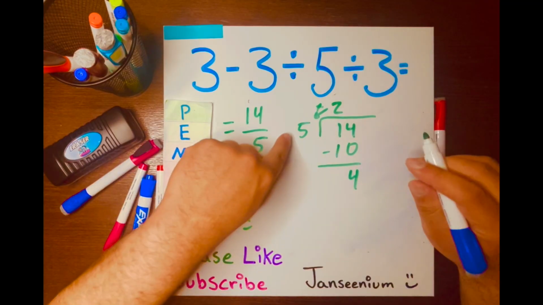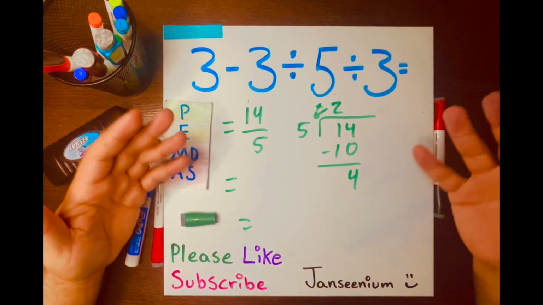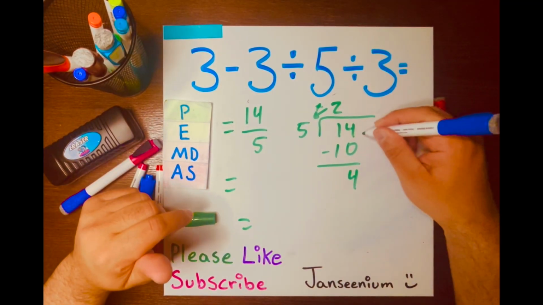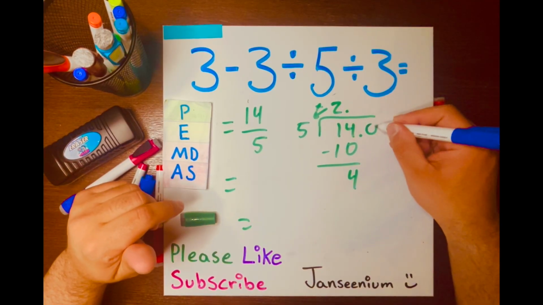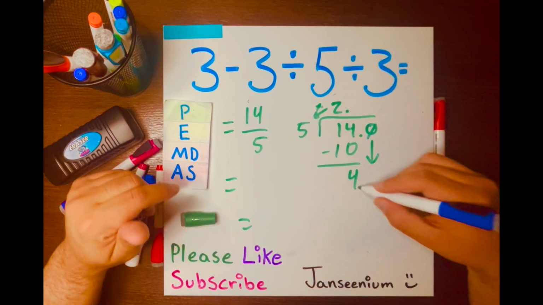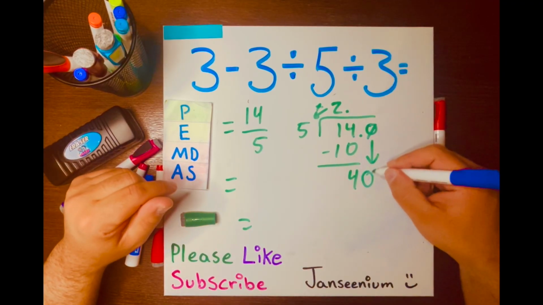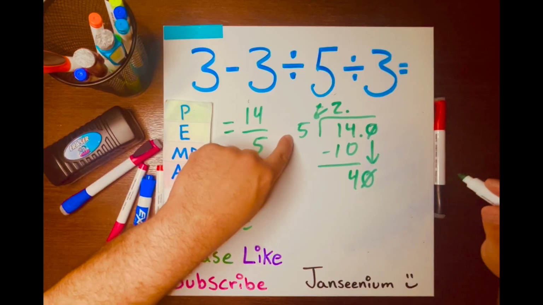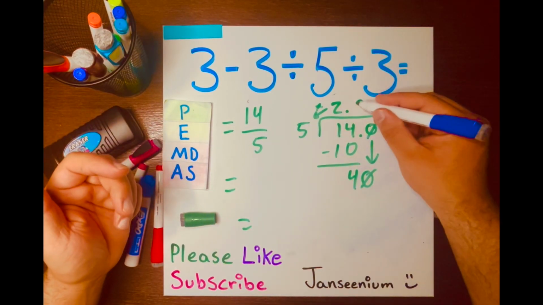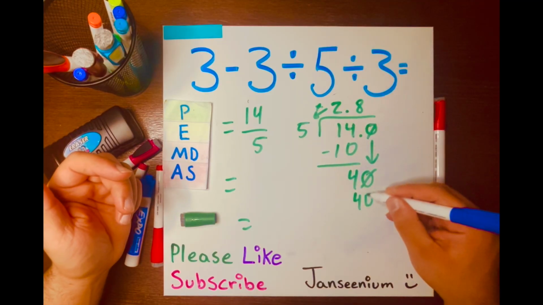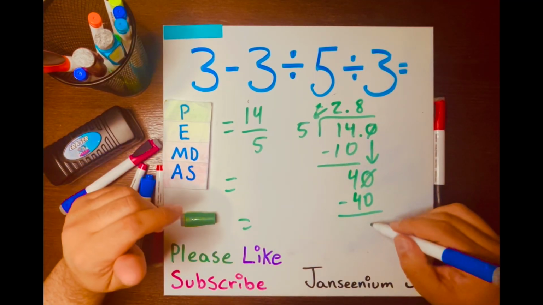And then how many times can 5 fit into 4? You cannot. So we add a decimal after the 14 and after the 2. We write a 0 here, bring it down, give it to the 4. Now the 4 becomes 40. Now how many times can 5 fit into 40? 8 times, right? 8 times 5 is 40, and 40 minus 40 is 0.